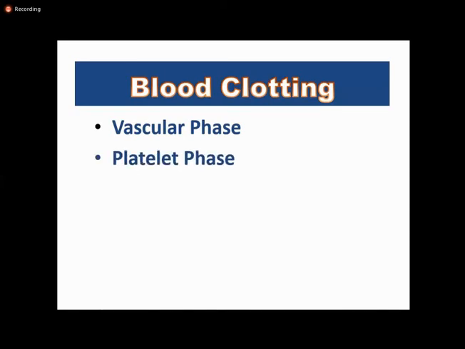But if the damage is larger and the vascular response cannot control the bleeding, the second step is that platelets start aggregation at the site of the damaged area. So we can say platelet aggregation is the first step towards the formation of a clot.